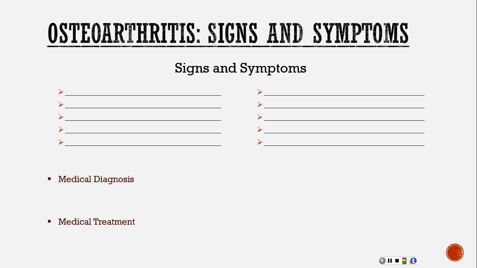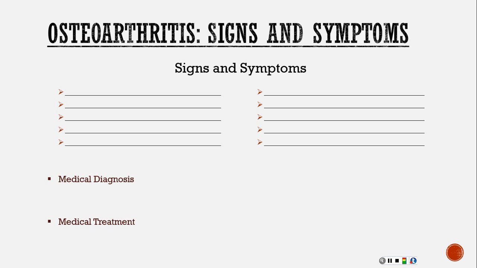The third one, joint enlargement and crepitations. Is it going to be systemic joint enlargement or local? With osteo, local.